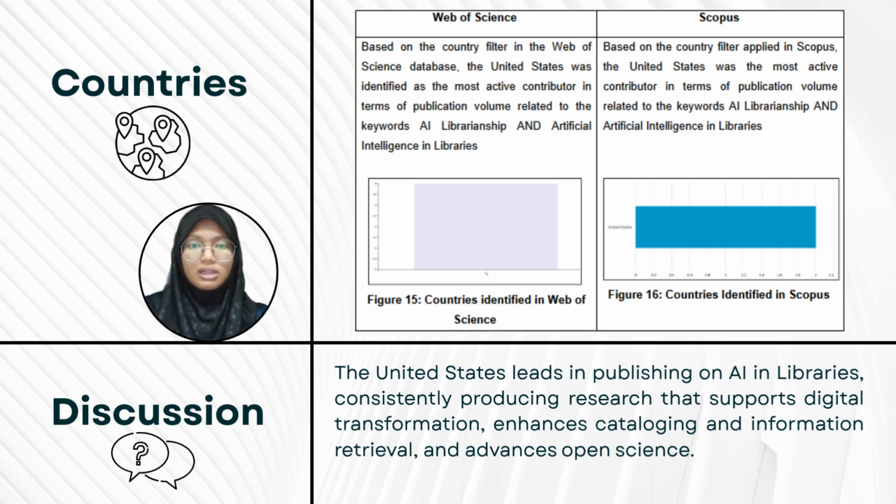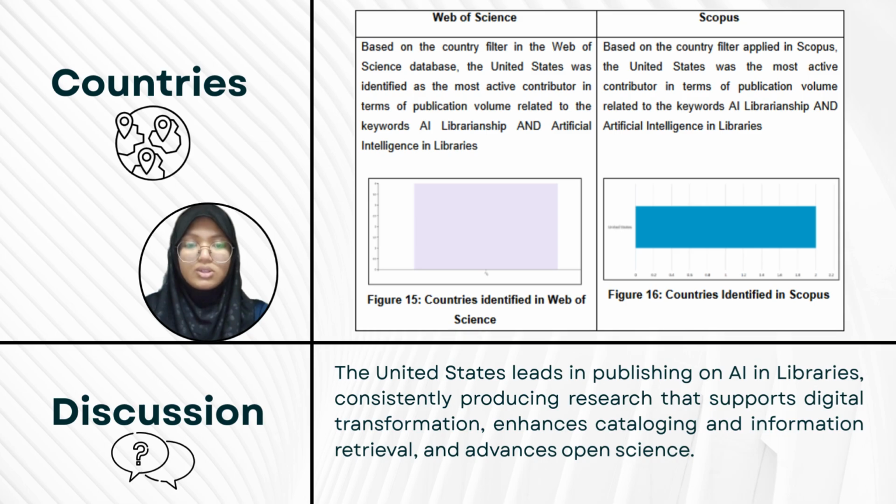So for this page, it talks about the countries that are always active in doing research about the keyword AI librarianship and artificial intelligence in libraries. In Web of Science, based on the country filter in the Web of Science database, the United States was identified as the most active contributor in terms of publication volume related to the keyword AI librarianship and artificial intelligence in libraries.